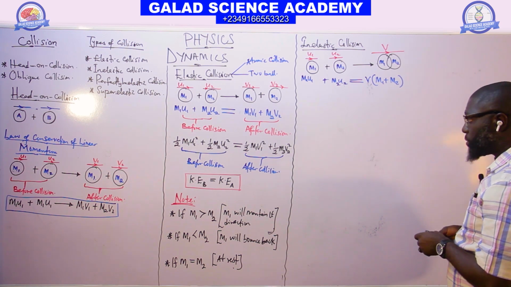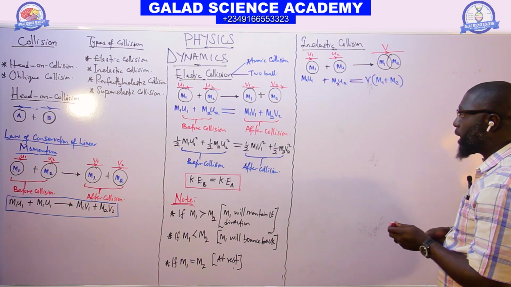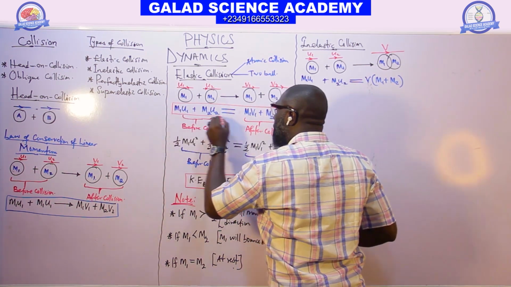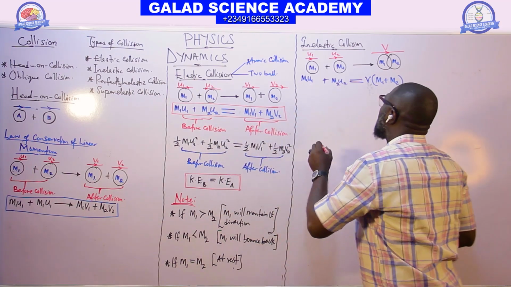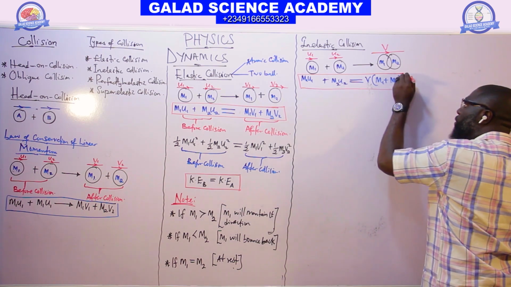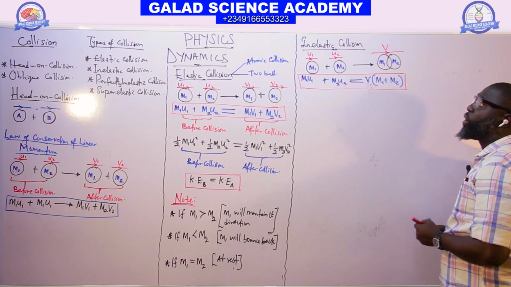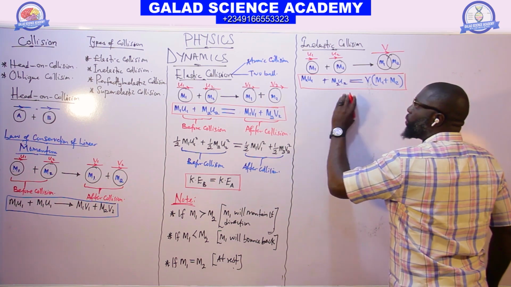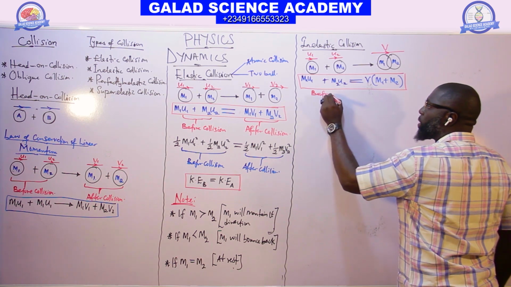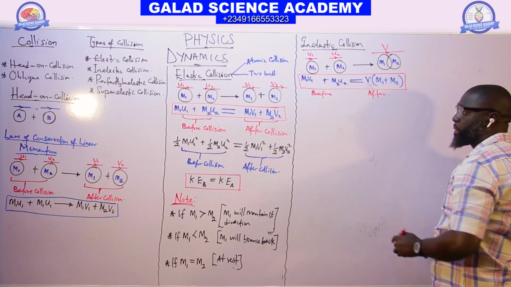So this is the formula used for inelastic collision, where everything on this side is before the collision and everything on this side is after.